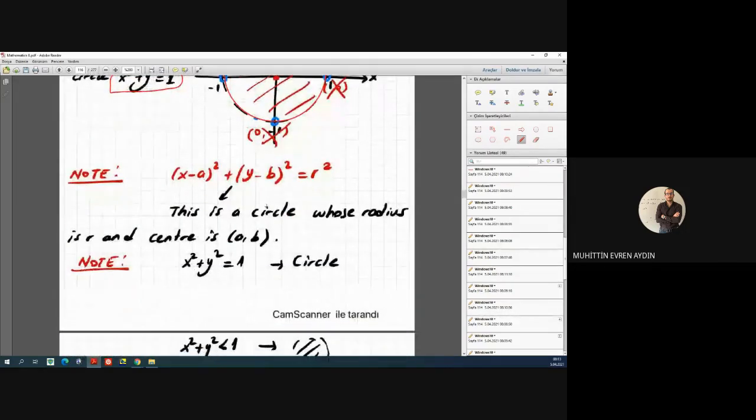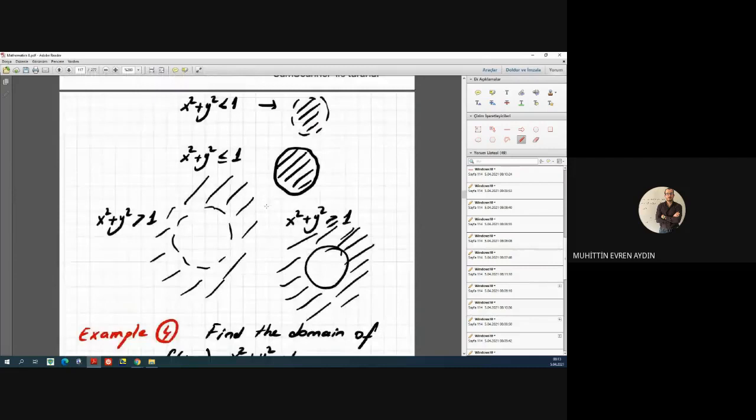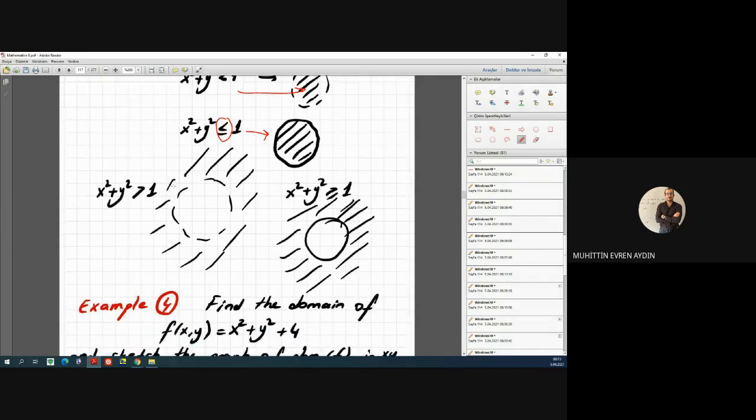Some diagrams. This is our solution. If it was smaller than or equal, we would have such a figure, and other possibilities.